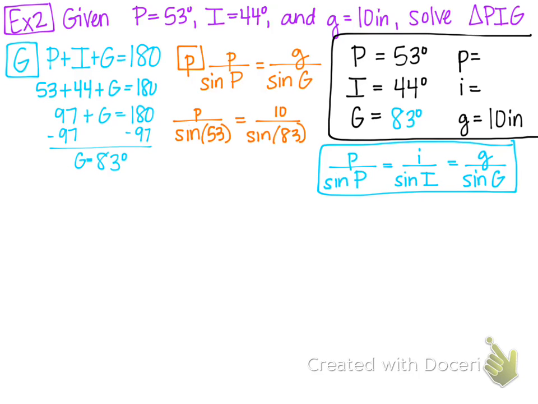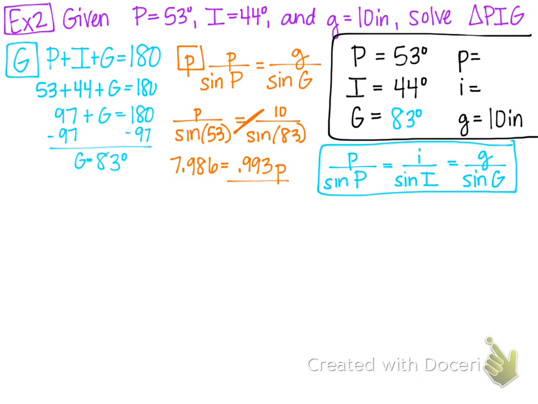So now we have to cross multiply. 10 times sine of 53 is 7.986. And then sine of 83 is 0.993. And then we have little p, which is what we're solving for.